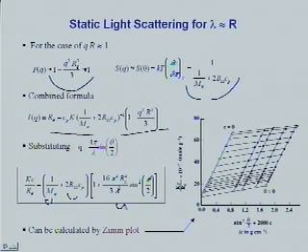This is the so-called Zimm plot. Again, you have the intercept here being equal to 1 over the molecular weight. This Zimm plot would allow you to do measurements at concentration approaching 0 or theta approaching 0.